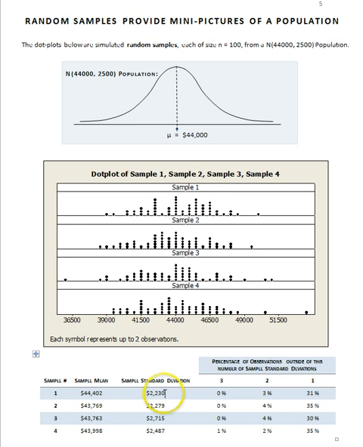The sample standard deviation for the first sample was $2,230. For the second sample, $2,279. For the third sample, $2,715, etc. Not perfect, but again, very close to the population mean of 44,000 and population standard deviation of 2,500.